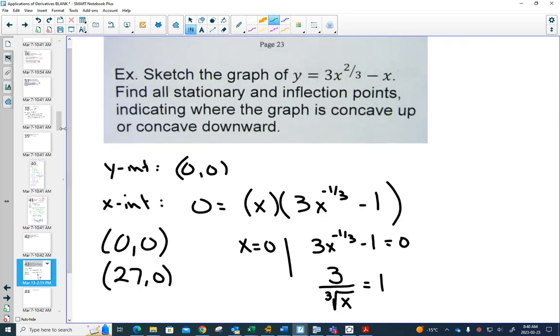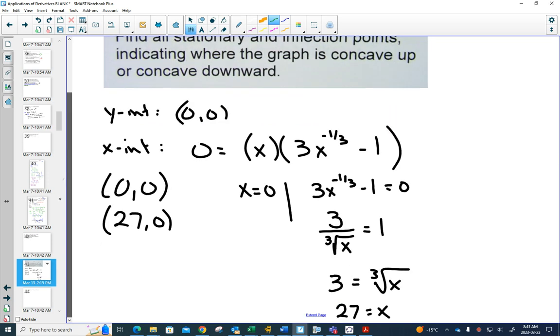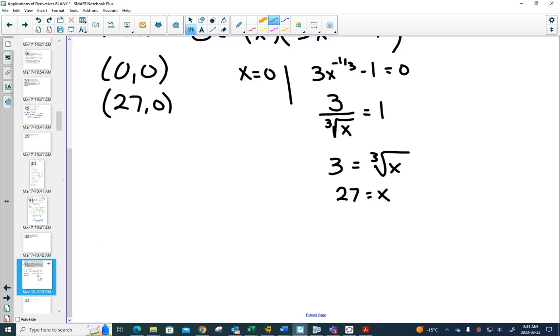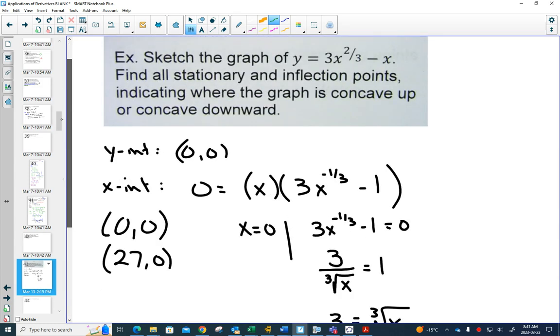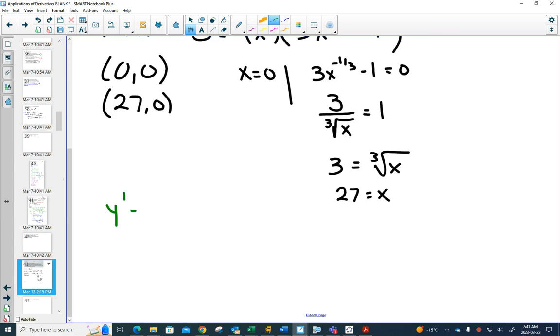This graph has no asymptotes, so now we can get into the derivative part. Is it using f of x or y? It's using y. So y prime, bring the 2/3 out in front, subtract 1 from the exponent, minus 1.